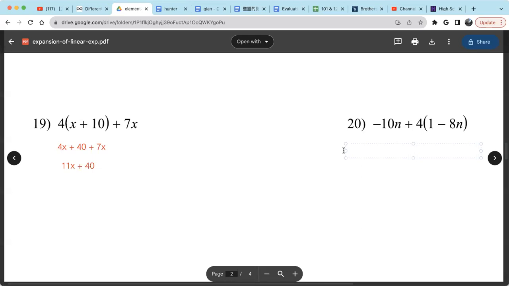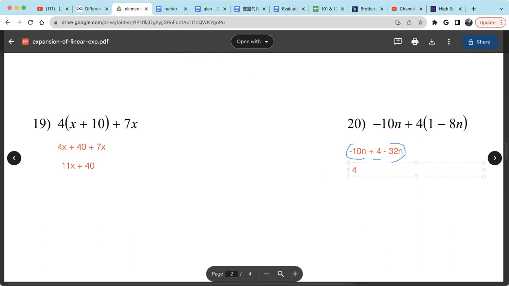Well, let's see 20. Negative 10n, right? Then plus 4 times 1, which is just 4. Then 4 times negative 8n, negative 32n. Cannot forget about that n. Then I see 4 doesn't have like terms, but the negative 10n and negative 32n are like terms. I can combine those two.